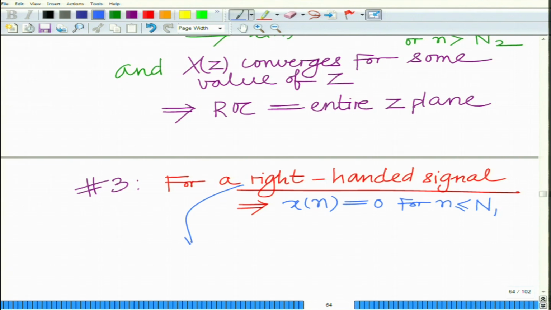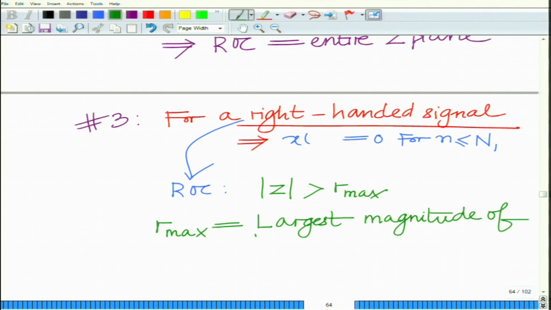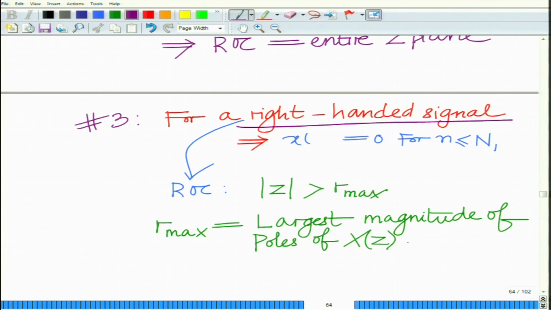Now, this implies for a right handed signal the ROC is of the form magnitude of z greater than R max, where R max equals the largest magnitude of the poles of X(z). So, if it is a right handed signal, then the ROC has to be of the form magnitude of z greater than R max.